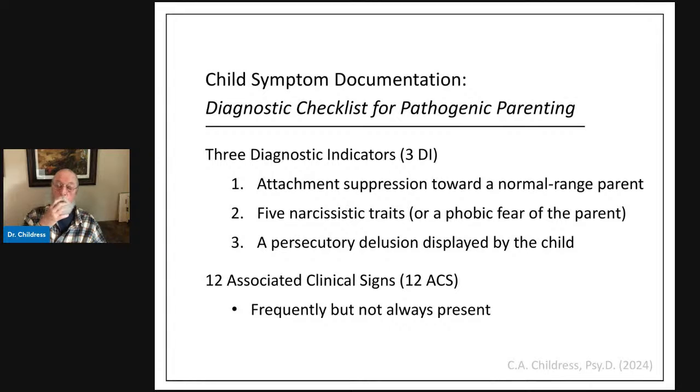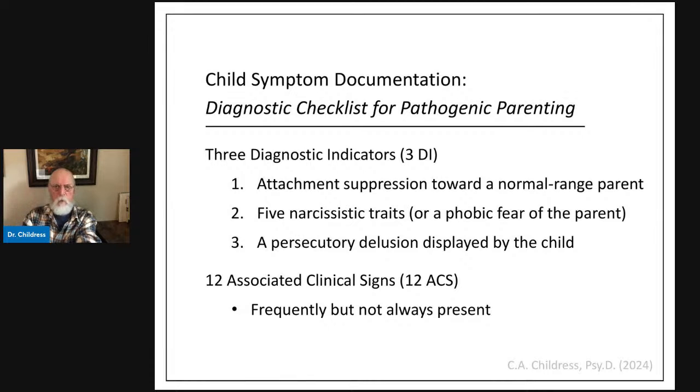I refer to this number 2 as the psychological fingerprint evidence of psychological control of the child by the allied parent. So you can't control a child psychologically without leaving fingerprints of that control on their symptoms. So that's diagnostic indicator 2. And then a persecutory delusion displayed by the child. There's your shared persecutory delusion.